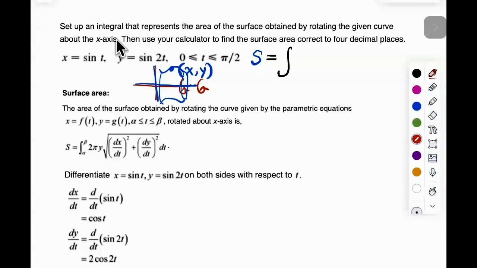So that will be the circumference of this circle, and this part over here will be dx. So what's the circumference of this circle? 2 pi what? 2 pi y.